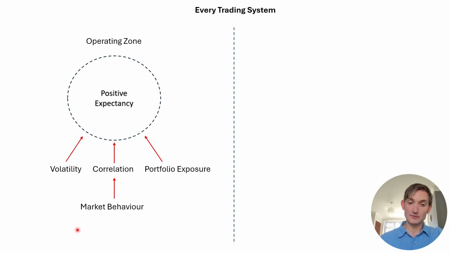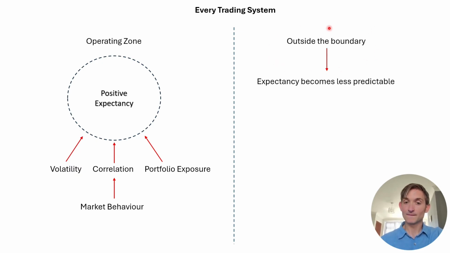Now, none of these variables lead to immediate failure, but they do reduce the margin of safety, because outside the boundary, expectancy starts to become less predictable, and drawdowns start to increase, which means that they become slower to recover from.